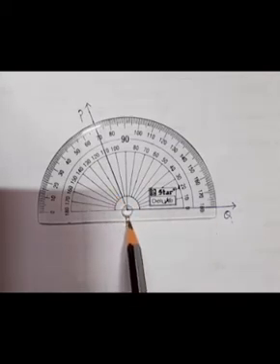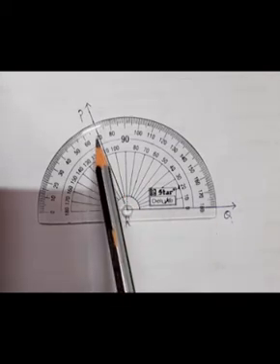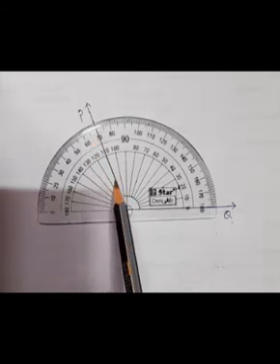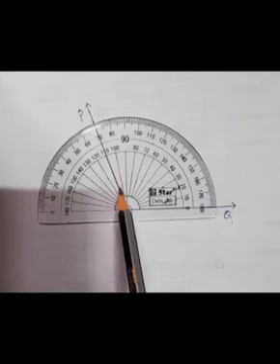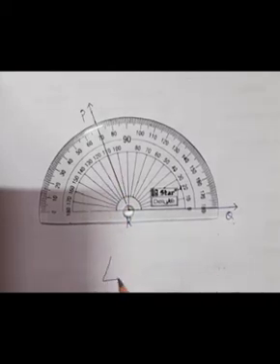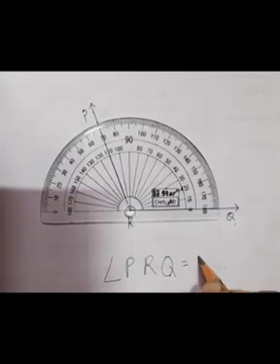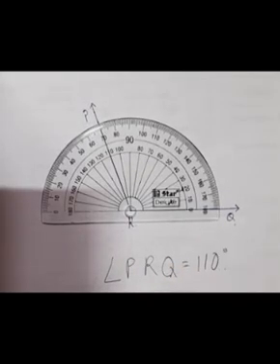Now you can see that the other ray RP is coinciding with the line of 110 degree. It means that the measure of angle PRQ is equal to 110 degree.